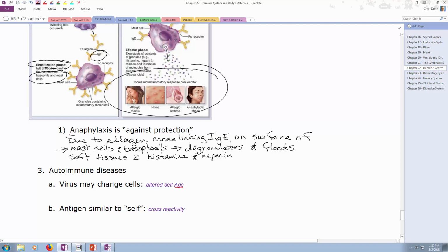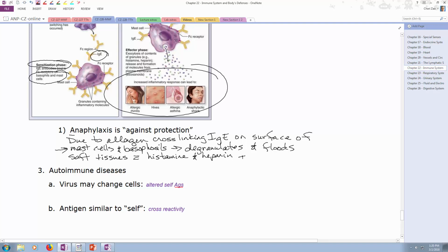Histamine, indeed a potent vasodilator, and that is going to increase the leakiness, and so we'll get a lot of fluid invading the soft tissues. And other inflammatory chemicals will also come about because of this.